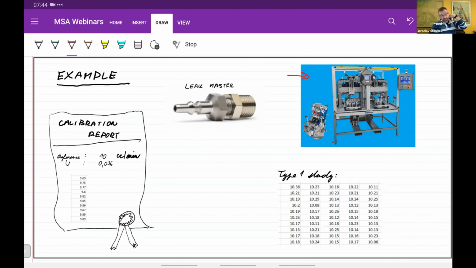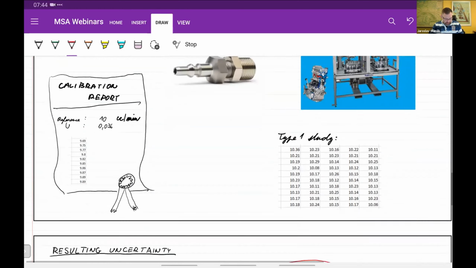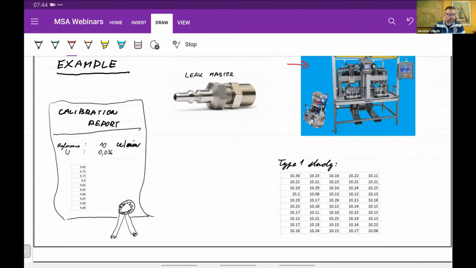So how to connect this into the measurement system uncertainty of our leakage test device. And I will show that example in Yarvin.